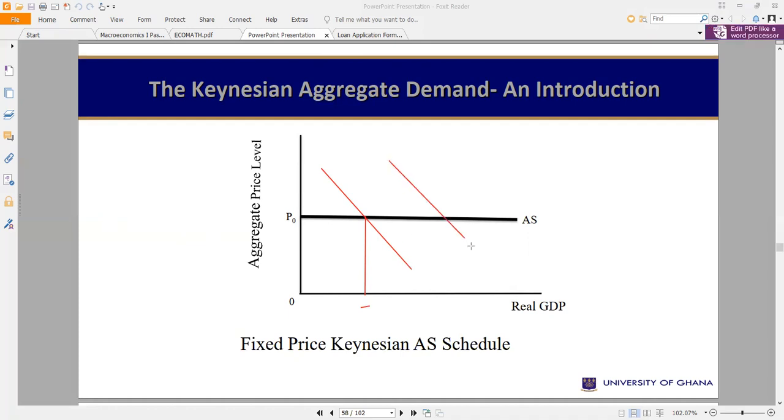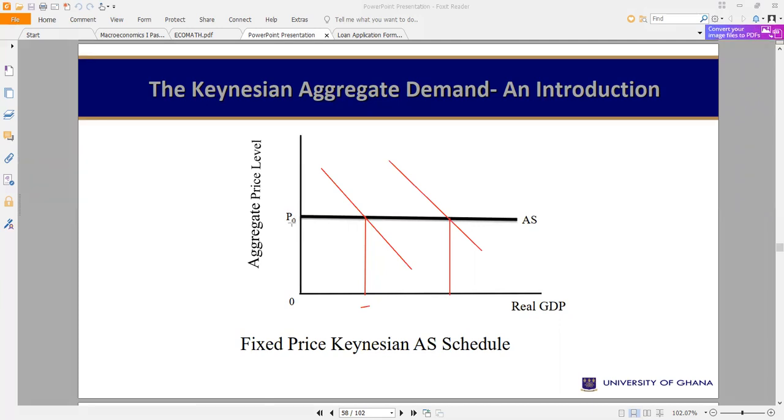If there should be an increase in demand, then we see an increase in the quantity that they produce as well. So the output level wasn't a function of price. It didn't depend on price at all. They were just waiting to see the quantity that the various economic agents were willing to buy. Then they will also act accordingly.